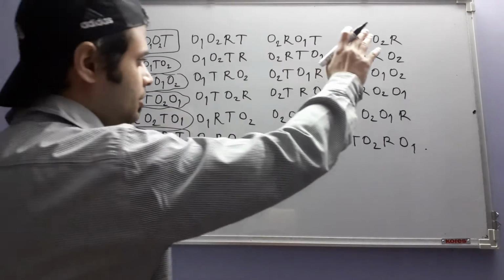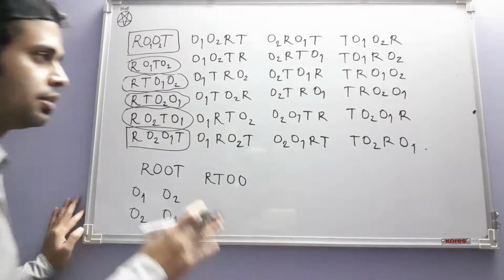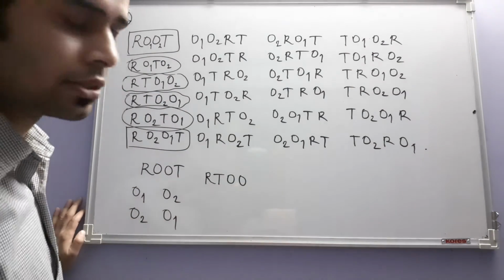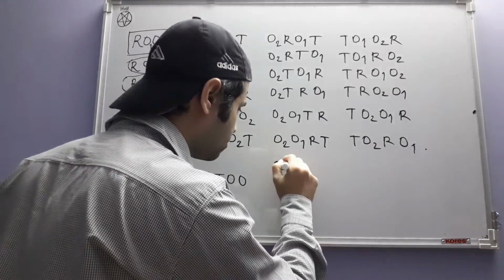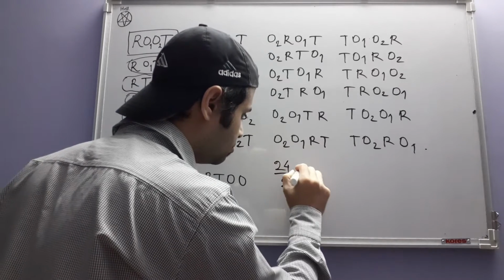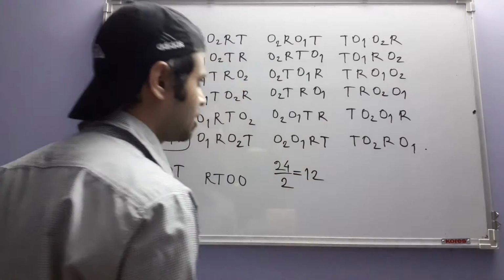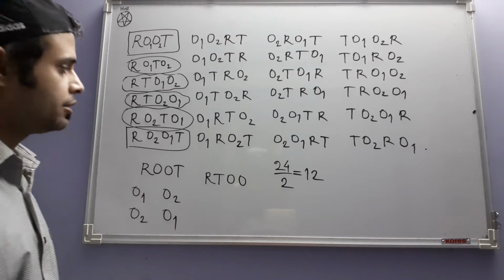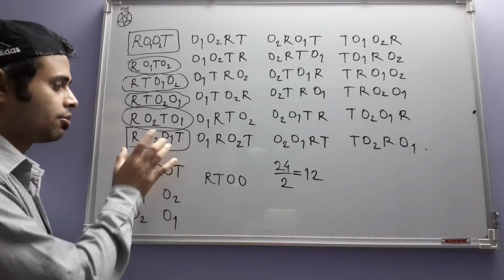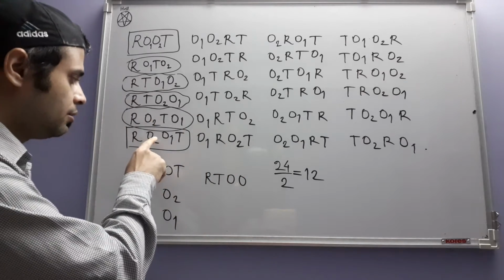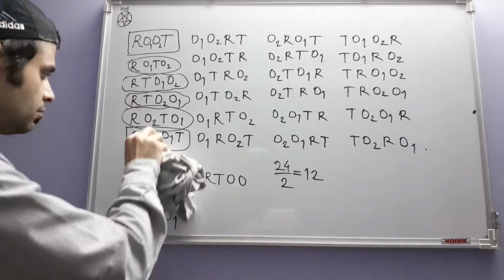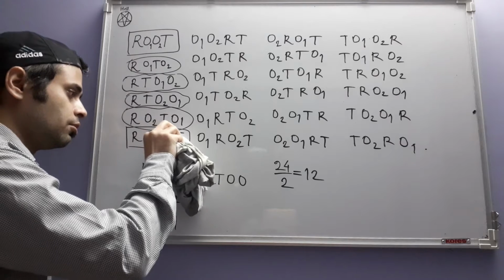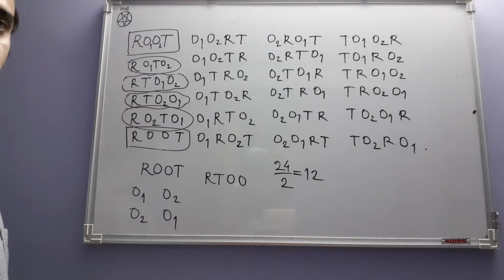So instead of having the usual 24 permutations, we will now have 24 divided by 2 equal to 12 permutations. And those 12 permutations are obtained by simply not distinguishing these O's.